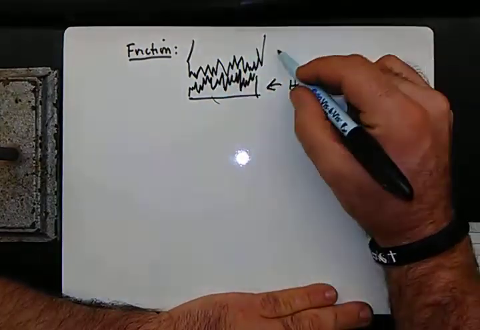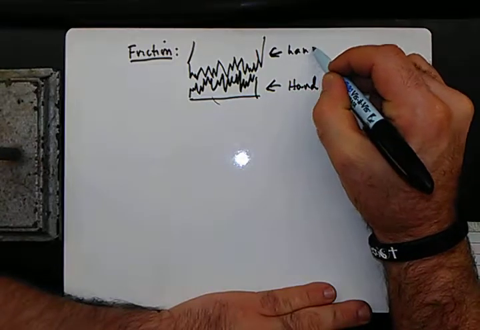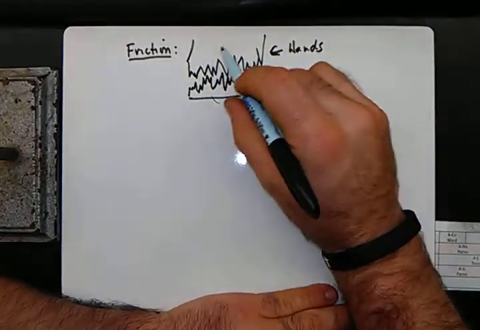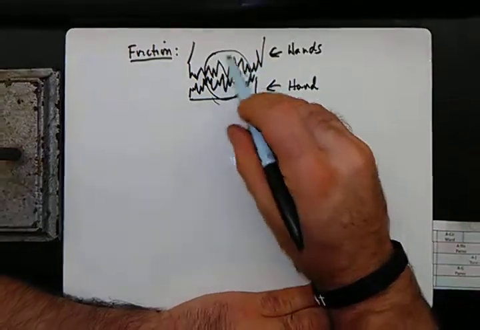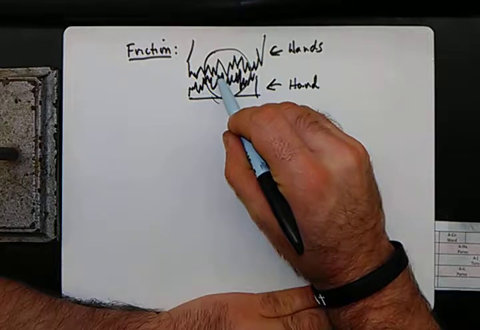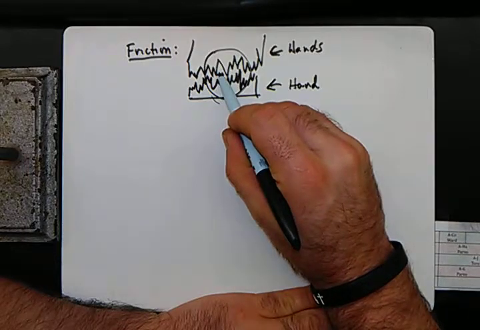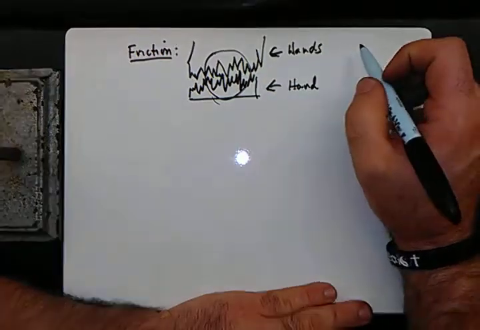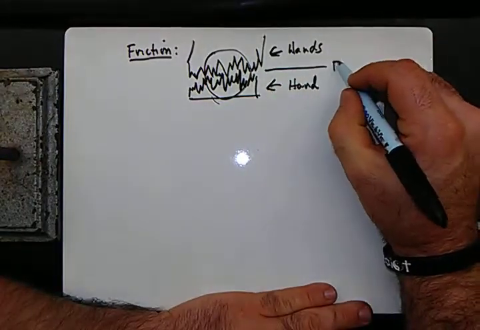There are peaks and valleys in both hands. Microscopically, if I look at this area between, you notice that there are peaks and valleys that will eventually crash into each other. And this is what we call friction.